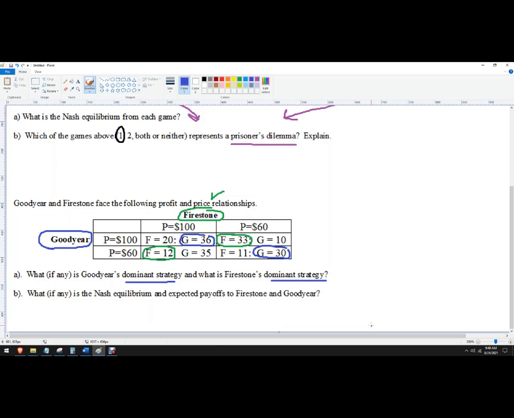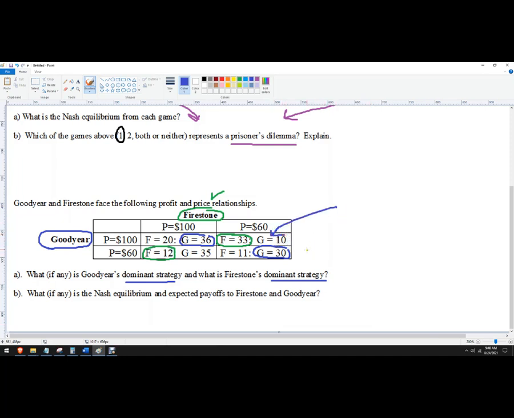Well, in this case, they both have what's called a mixed strategy, so their decision is going to depend on what the other party is going to do. For example, if Firestone knows that Goodyear is going to pick $100, then they're going to go ahead and pick 60, and we'd end up right here.